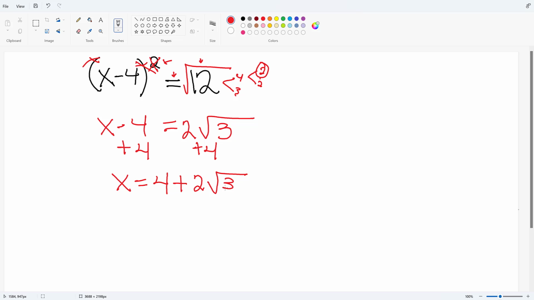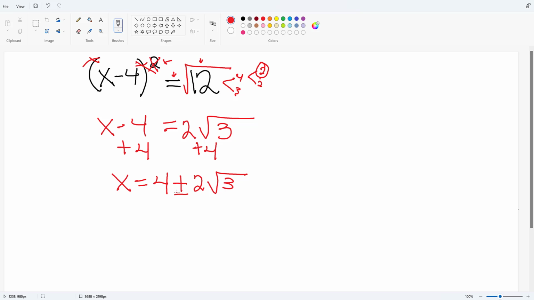So this is going to actually be your answer, except once you moved everything over because of this formula, I'm just going to tell you it's really plus or minus.